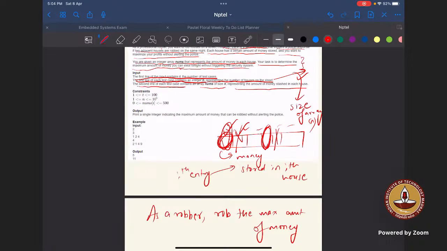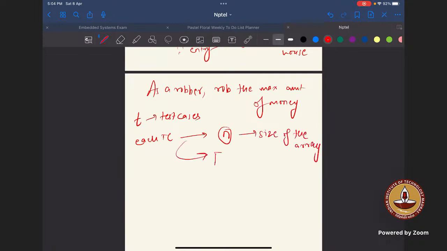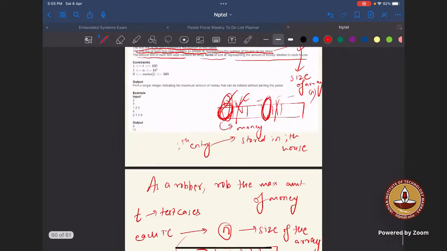Okay, so the input is quite simple. You have t number of test cases. For each test case, you will have an integer n, which represents the size of the array. And the next line will have the entries of the array.